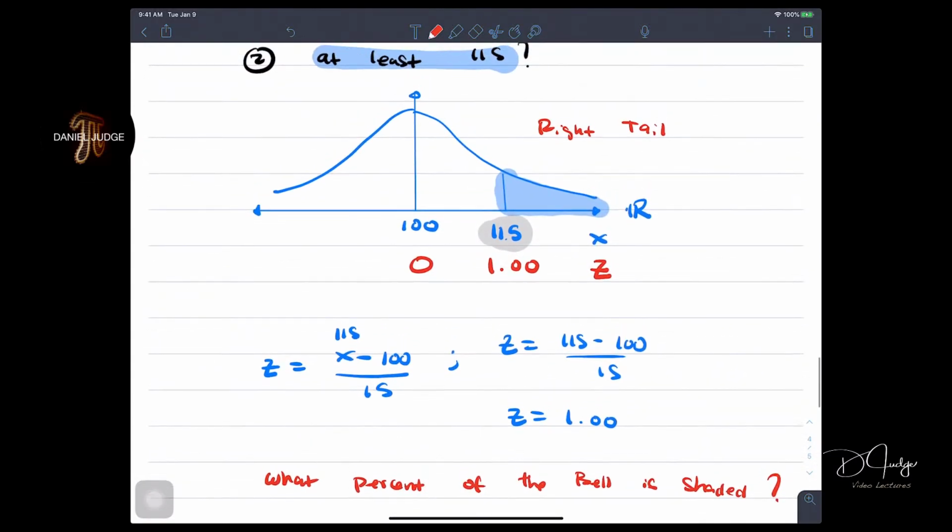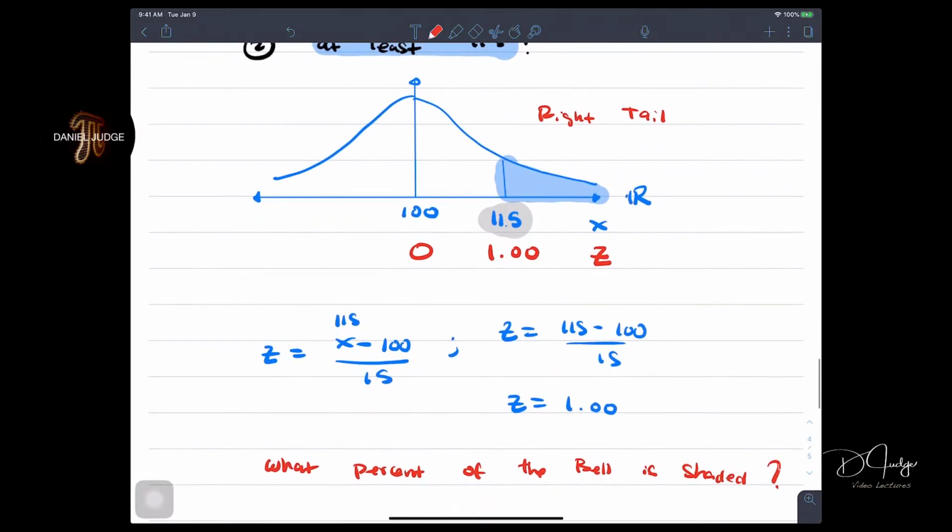This is a right tail. So if anybody's awake, we need the percent that's here, right? We don't know what that is. That's missing. So last week we said take 50% and subtract what's missing. This is what we do for every right tail. That's going to give me my answer.